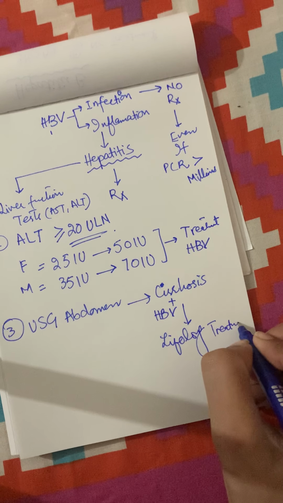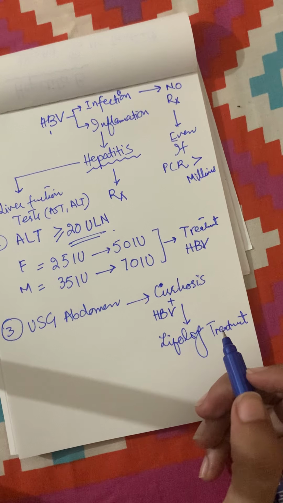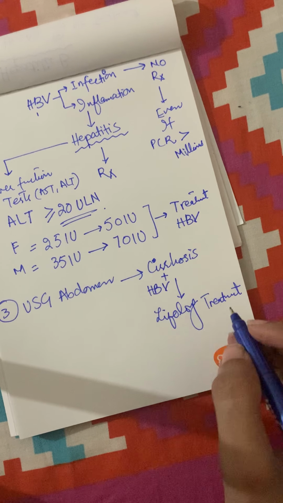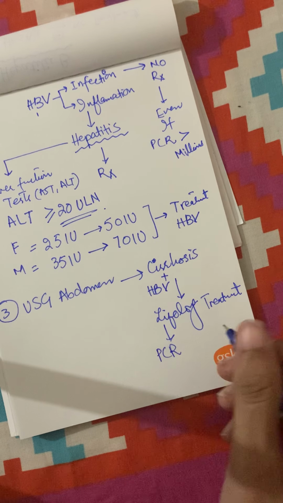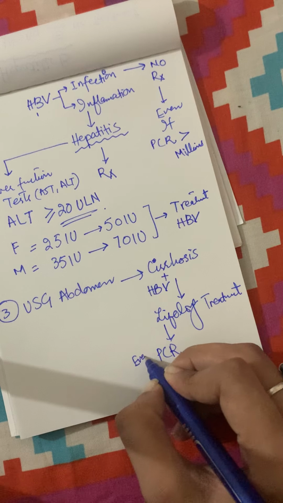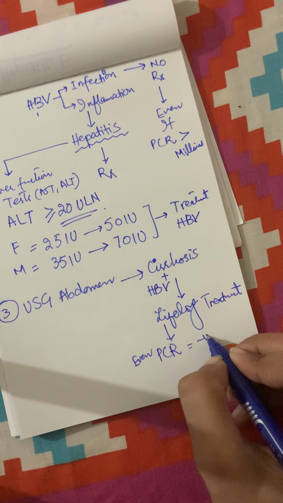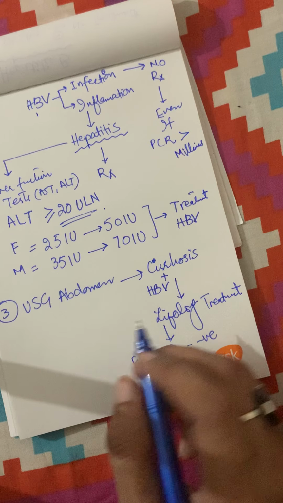This is important: if the cirrhosis has developed due to the hepatitis B virus, then we have to give lifelong treatment irrespective of the PCR. Even if the PCR becomes negative, we have to give lifelong treatment for hepatitis B virus in case of cirrhosis.